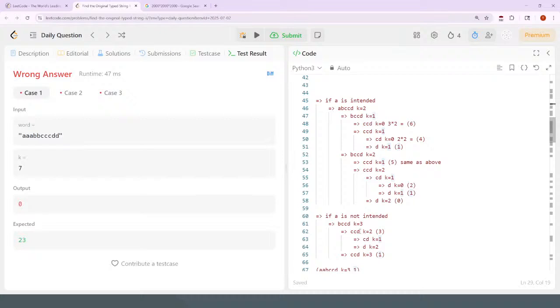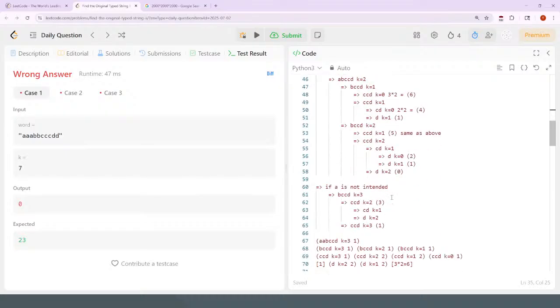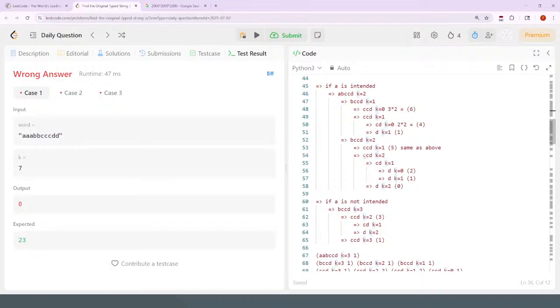B, C, D, k equals 2. It's 2, 1, k equals 2. 2, 1, k equals 2 is 3. 2, 1, k equals 1 is 5. 2, 1, k equals 1, I didn't get 5 here. So it's 2 and 1.